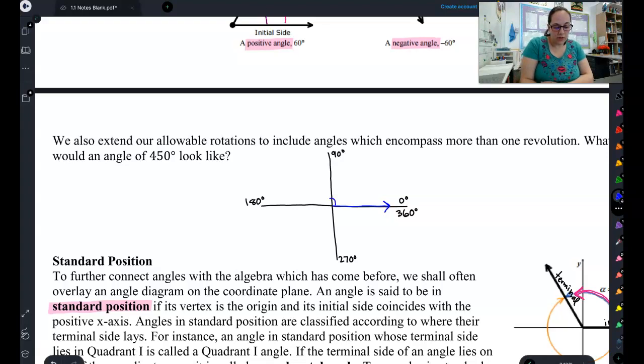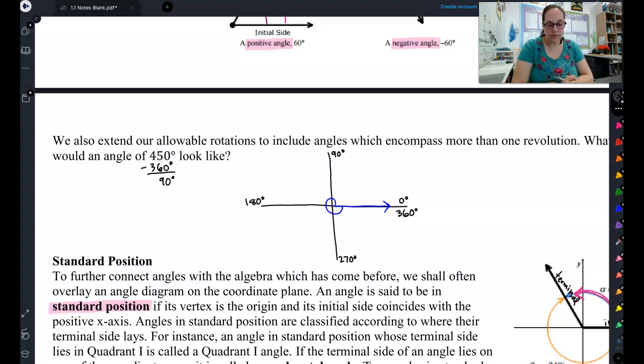450, I want to go all the way around the circle to 360. And then I want to keep going. So if I do 450 minus the revolution I've done, that gives me 90 degrees left over.